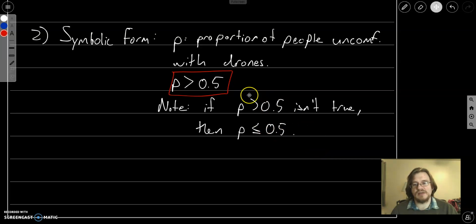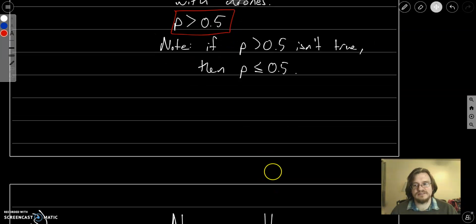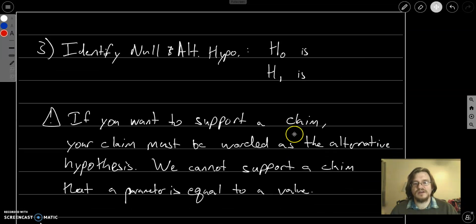So this is just setting up the null and alternative hypotheses. For the null hypothesis in this scenario, we want to say that the proportion is going to be equal to some number. And again, what number are we referring to is going to be 0.5.